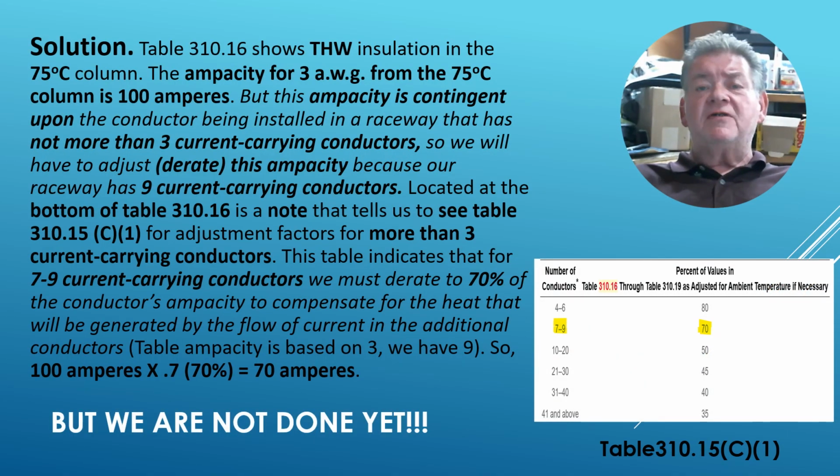What's our solution for this example? Well, we go to table 310.16. We see that for a 3 American wire gauge copper conductor with THW 75 degrees C rated insulation, from that 75 degrees C column, the number 3 has an ampacity of 100 amperes.